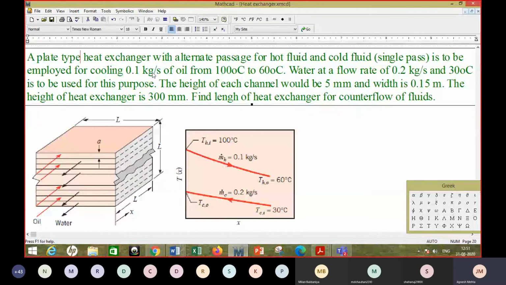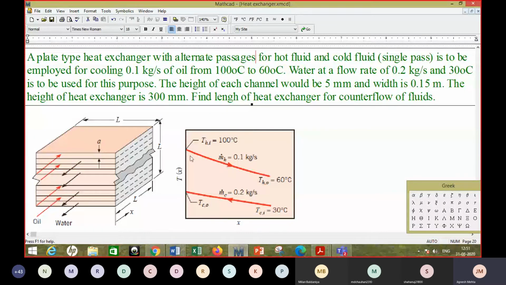with alternate passages for hot fluid and cold fluid. Each one of them is having a single pass. There are configurations possible where there could be multiple passes. That is, this oil may enter from the first channel, go to the other side, and come back on this side. And then cross flow may be used in that case.